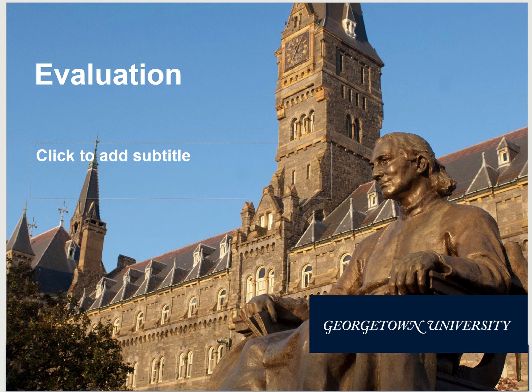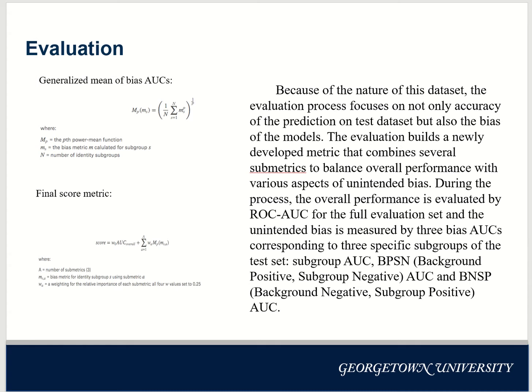Here's the evaluation method of this competition. Because of the nature of this dataset, the evaluation process focuses not only on the accuracy of the prediction on the test dataset, but also on the bias of the models. The evaluation builds a newly developed metric that combines several submetrics to combine overall performance with various aspects of unintended bias.